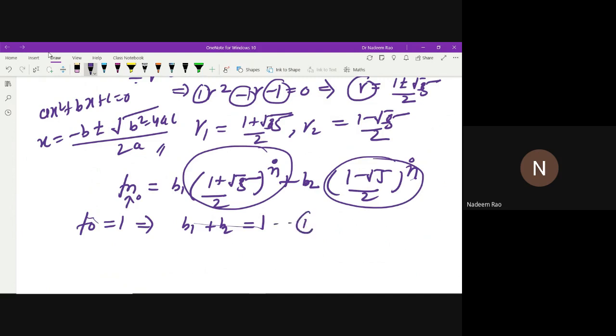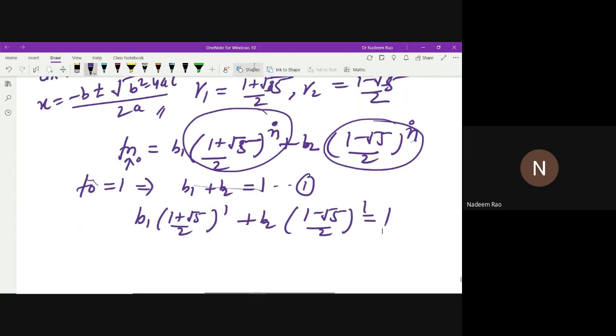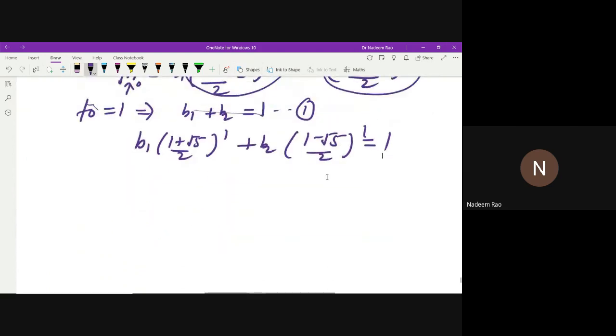So this is one equation. The other condition given is f1 equals 1. f1 equals 1 means b1 times 1 plus square root 5 by 2 to the power 1, then plus b2 times 1 minus square root 5 divided by 2 to the power 1 equals 1. So here we get b1 times 1 plus square root 5 plus b2 times 1 minus square root 5 equals 2.